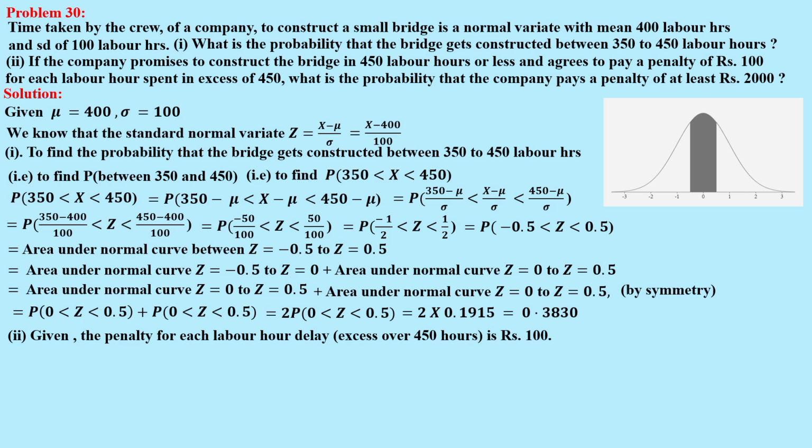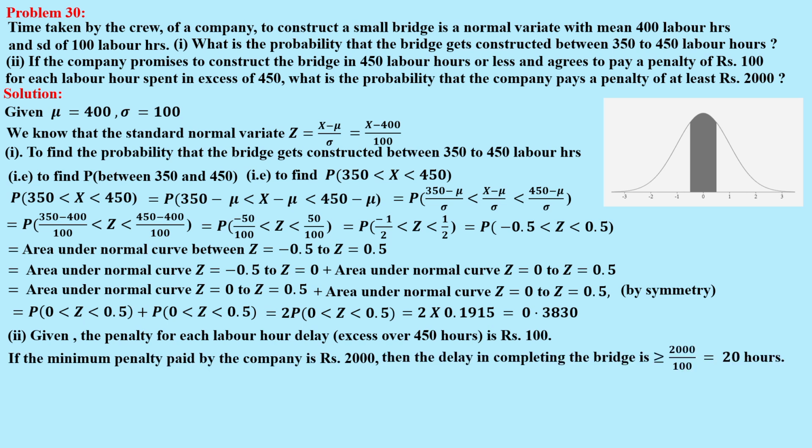That is, if the time exceeds 450 hours, then they have to pay ₹100 per hour. If the minimum penalty paid by the company is 2,000, then the delay in completing the bridge is greater than or equal to 2,000 by 100, because per hour it is 100. So the total amount is 2,000.